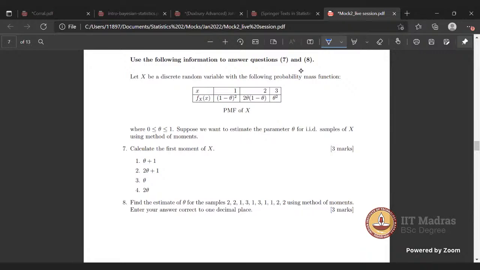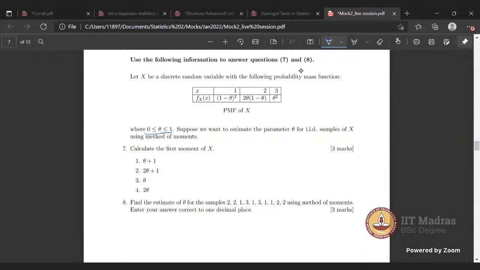Now we have the parameter estimation part. In this problem, you have a discrete random variable x and the probability mass function is given to us, where theta lies between 0 and 1. Now I want to estimate this parameter theta.